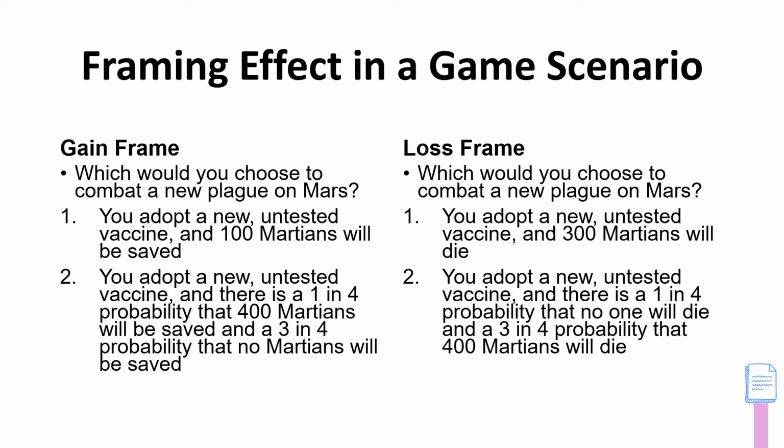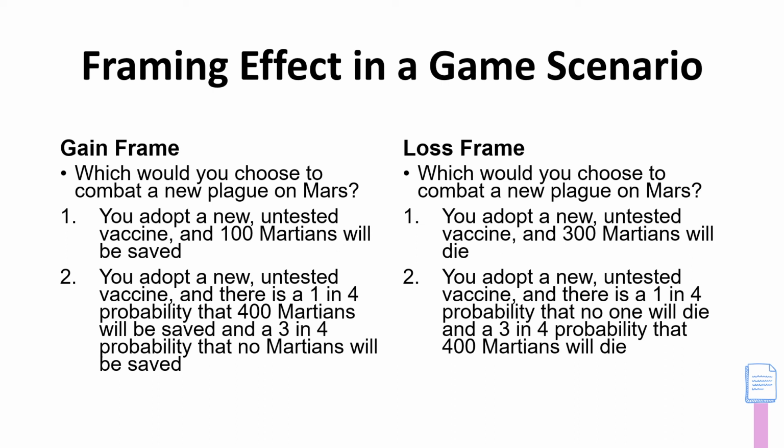That's just a little bit of background info on this. But the example that we got from the textbook slides, we can say, which would you choose to combat a new plague on Mars? Would you choose to adopt a new untested vaccine when we know that 100 Martians will definitely be saved?